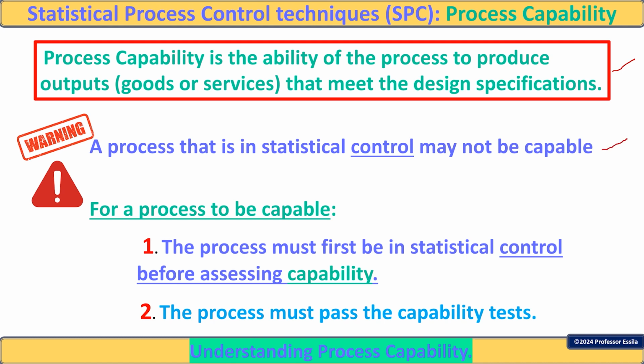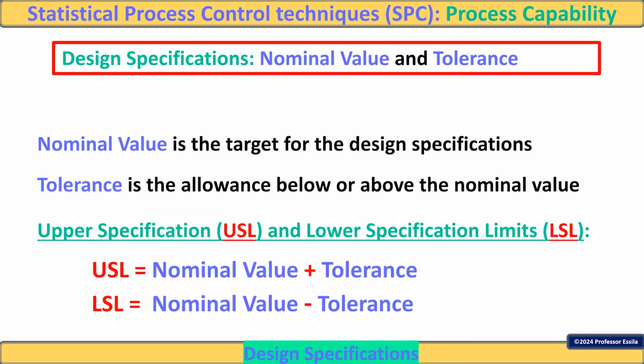It depends. So now let's talk about the design specification. Design specifications define the acceptable limits for product and service quality. These include the nominal value, which we also call the target, the tolerance, and the upper and lower specification limits.